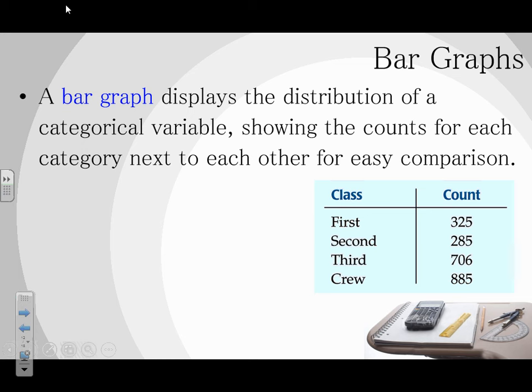Have you guys dealt with bar graphs and pie charts before? For the most part, so a lot of this should be review for you. We'll just touch on some things that we need to have happen every time you do bar graphs and pie charts. But a bar graph displays a distribution for a categorical variable. That's the one thing I need you to get from that. Bar graphs only work for categorical variables.